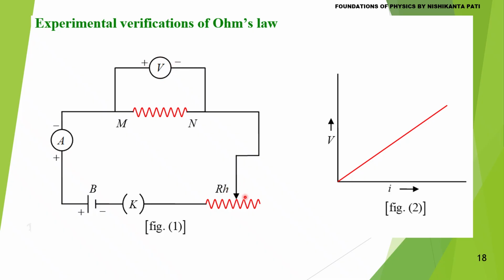By changing the contact point of the rheostat, we can vary the current and accordingly the potential difference. If a graph is plotted between current and potential difference, and the graph is a straight line passing through the origin, then the conductor Mn obeys Ohm's law.